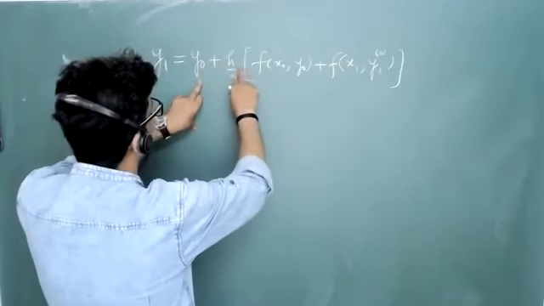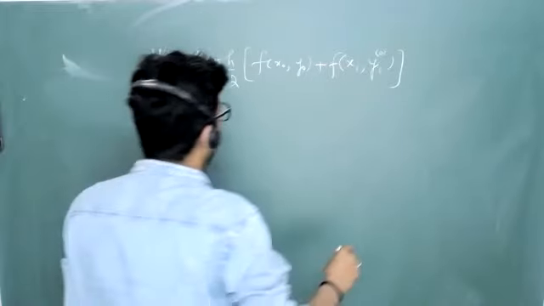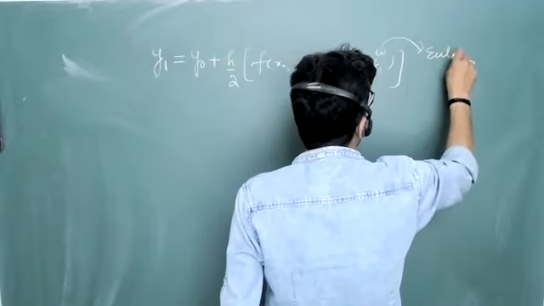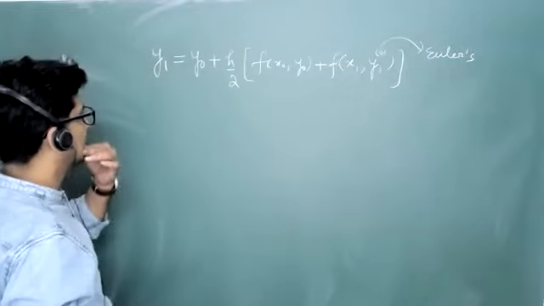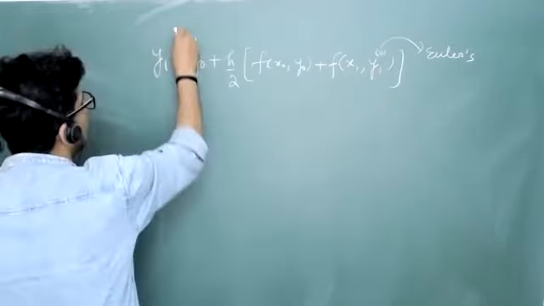We directly write h into f(x0, y0). Okay. So this term is from Euler's. You calculate by Euler's method the value of y1. You can do that.